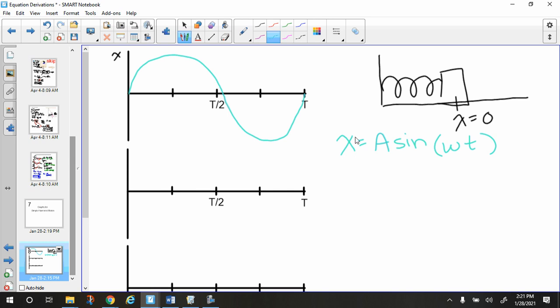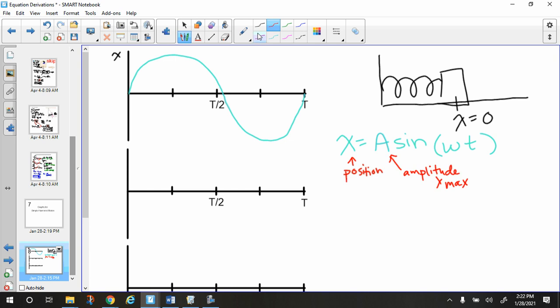Let's talk about what these different parts of the equation mean here. This is our position. The coefficient that's in front of the sine, and this could also be a cosine if we started at a maximum, that's going to be the amplitude, or the x max.